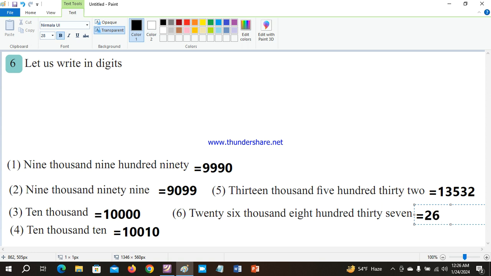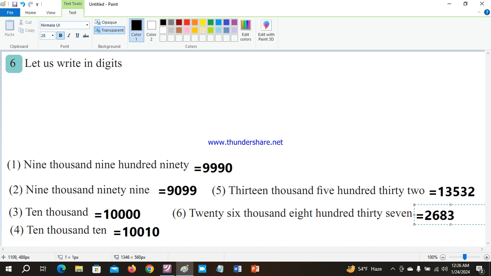Then 800, we have to write 8 in hundreds place, and then only 2 places are remaining, tens and ones, and here we have to write 37. 37 means 3 and 7.